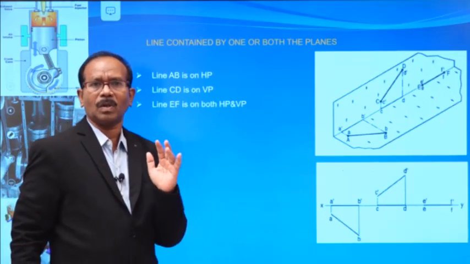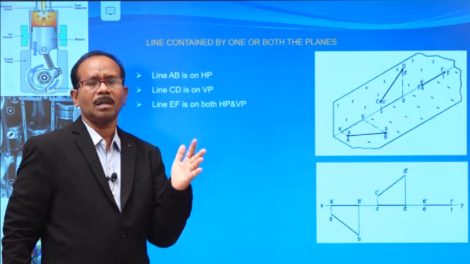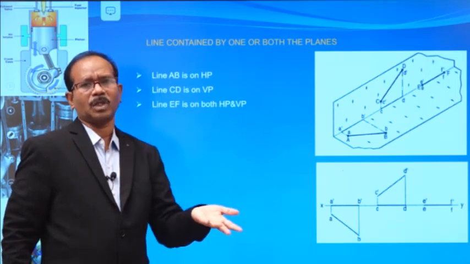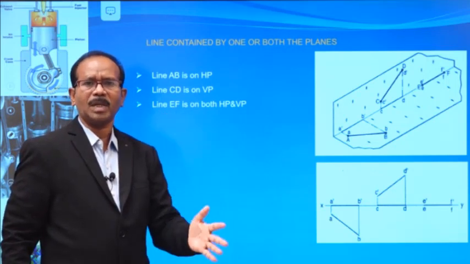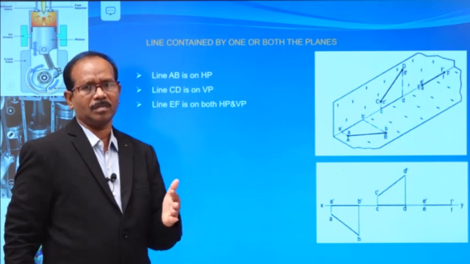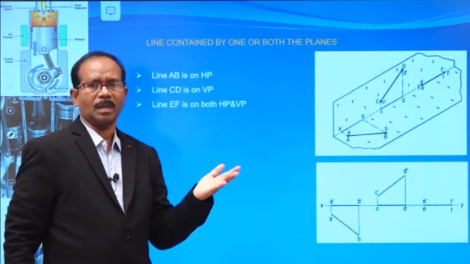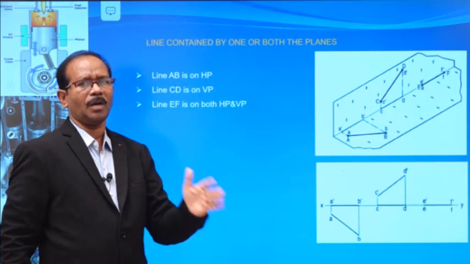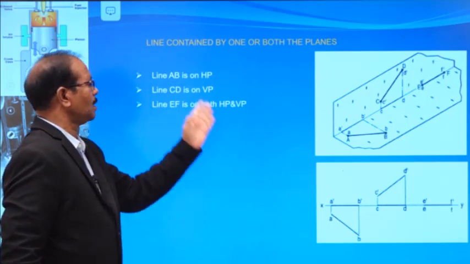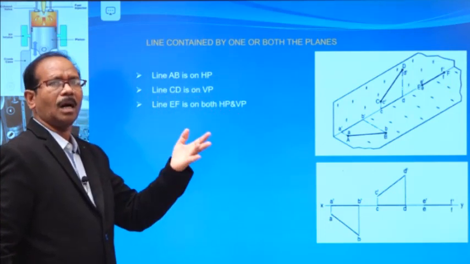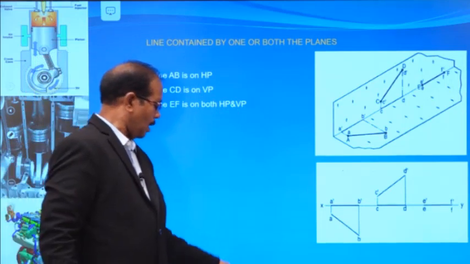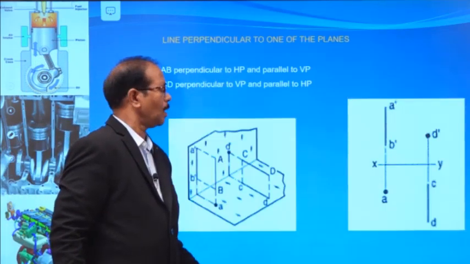Second condition tells about line on one plane or both the planes. Line on one plane means on horizontal plane or on vertical plane, or on HP and VP. The second case, line on both the HP and VP.